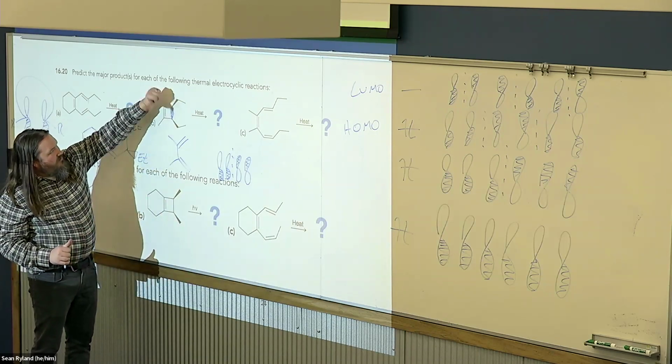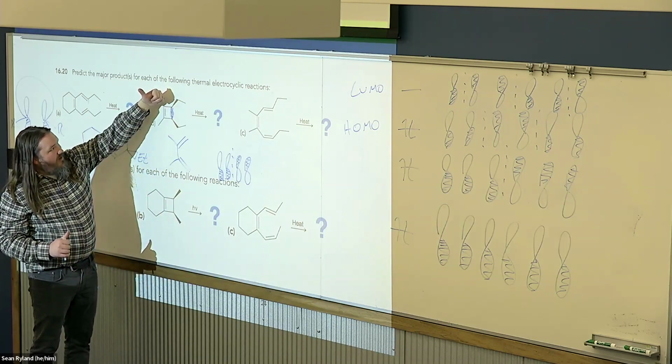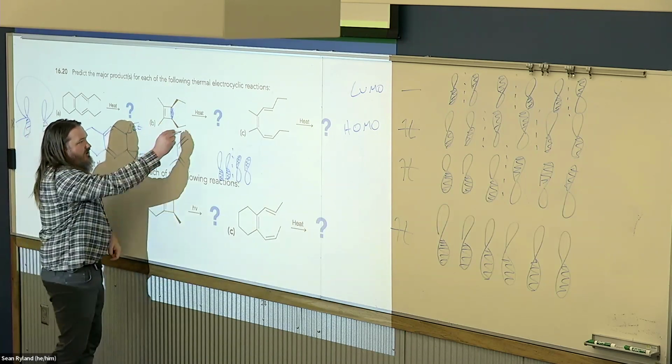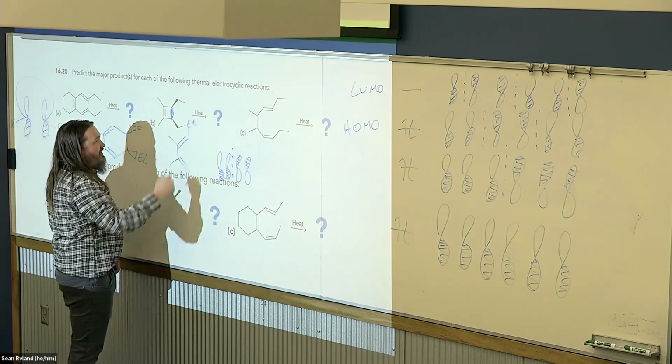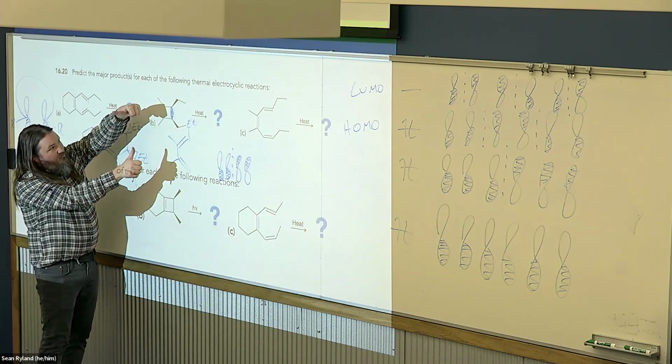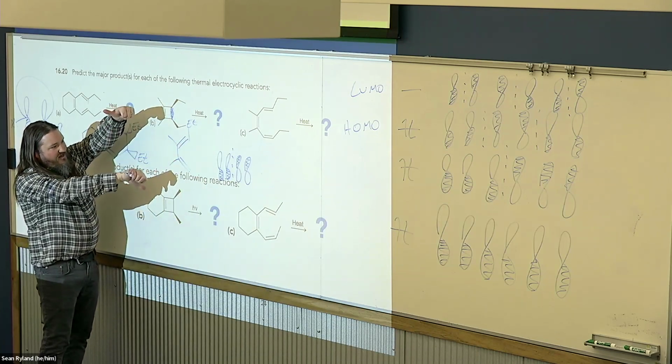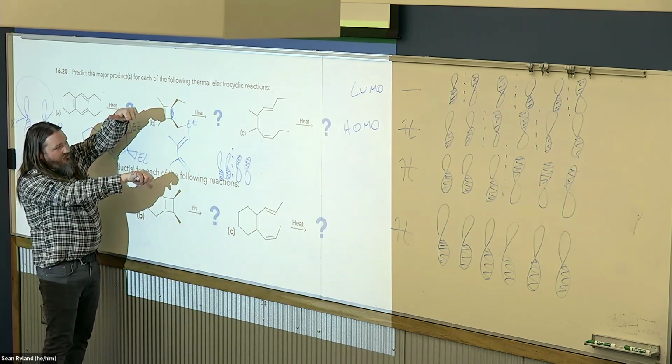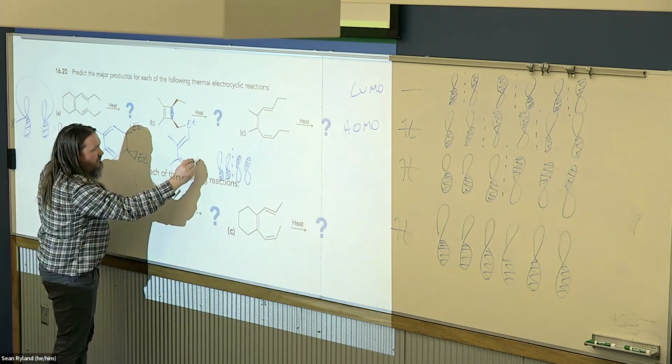In other words, this is going to open that way. So that's going to leave our ethyl group pointed up. If this one rotated up, this one has to rotate down, which is going to bring our ethyl group inward.